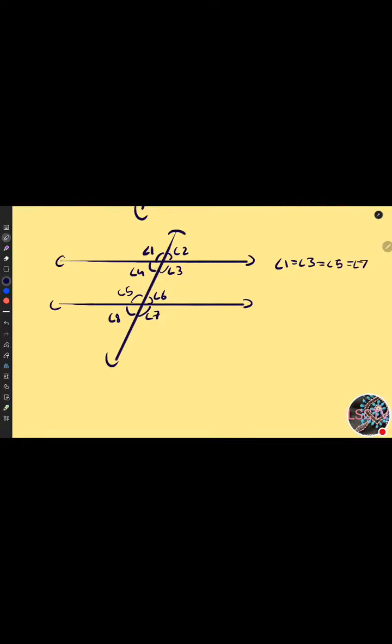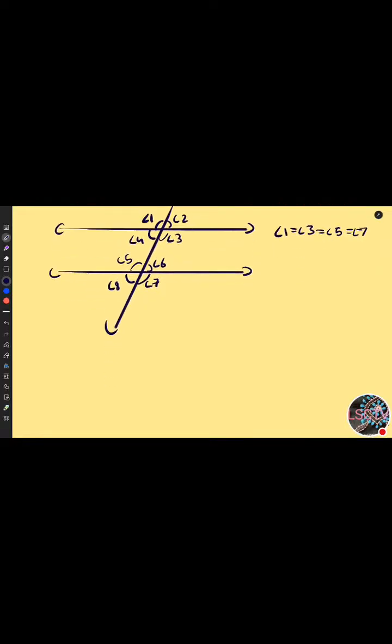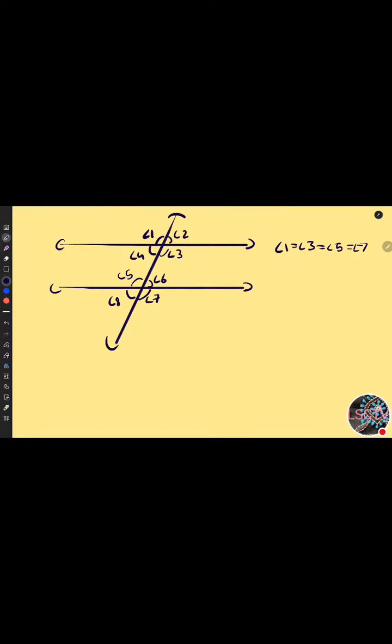How are they equal? I'll tell you later. We'll do proof questions on it. I'll definitely tell you. Or such that angle 2 is equal to angle 4 is equal to angle 6 is equal to angle 8.